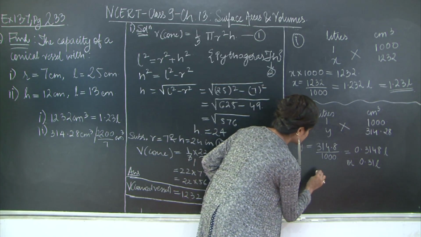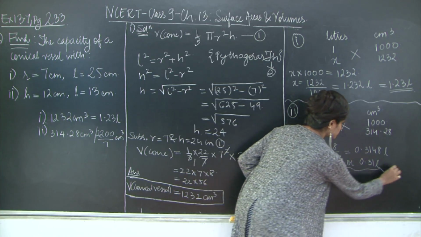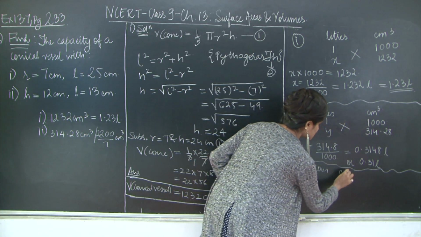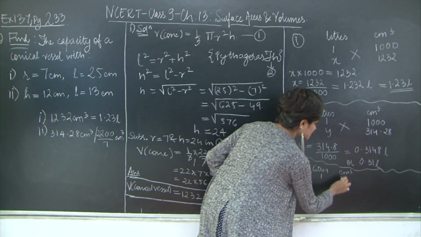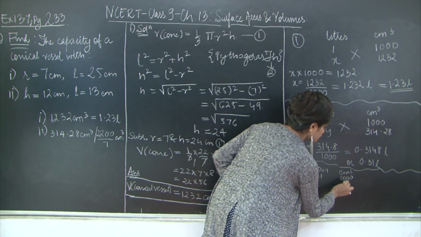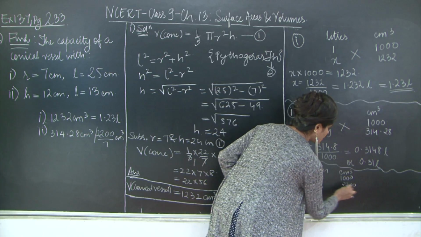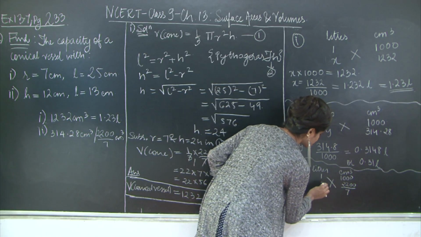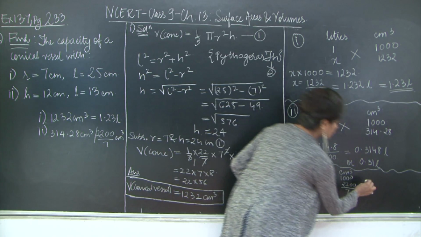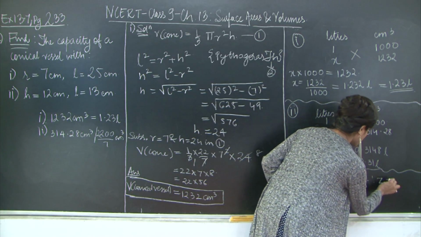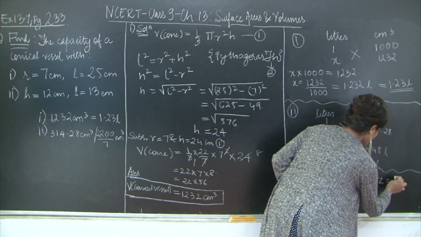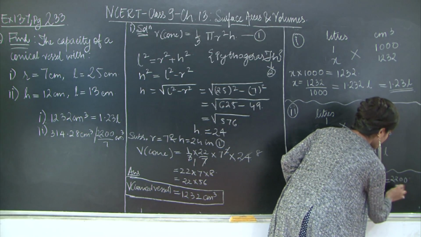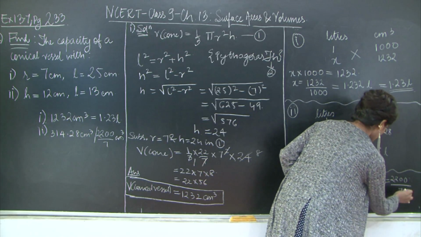I'll say liters and centimeter cubes. 1 liter is 1000 centimeter cubes. Therefore 2200 upon 7 centimeter cubes is, let's say, z liters. So this is z. So therefore you get z is equal to 2200 upon 7 into 1000.